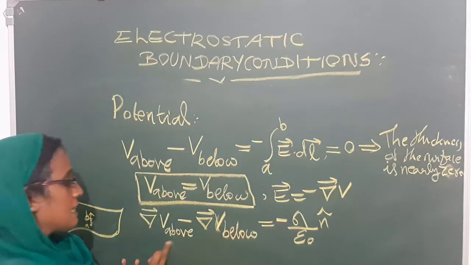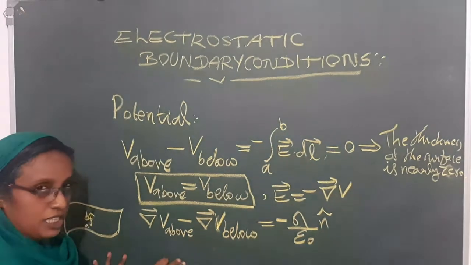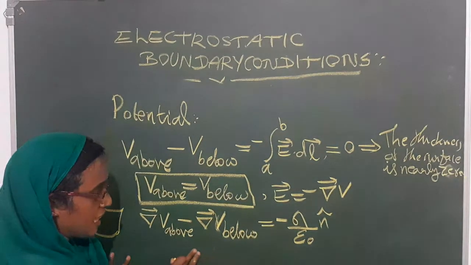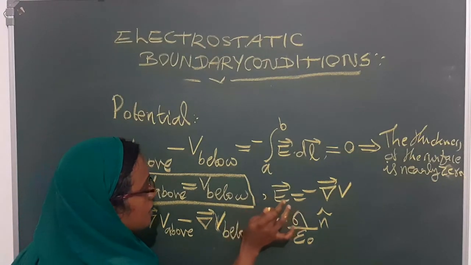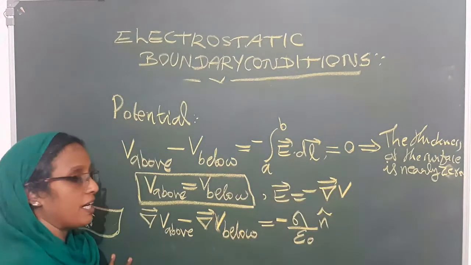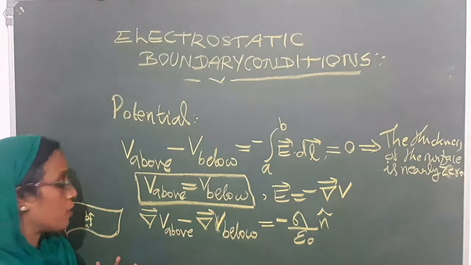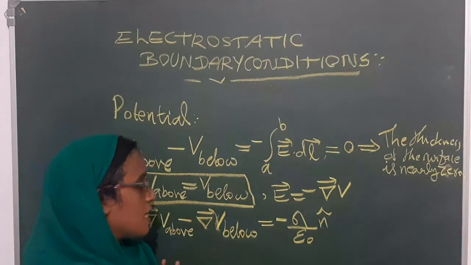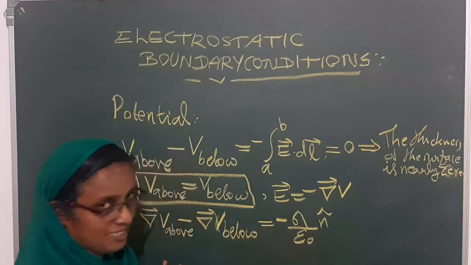Because the gradient of potential carries the discontinuity just like the electric field, since the electric field is given by the negative gradient of the potential.